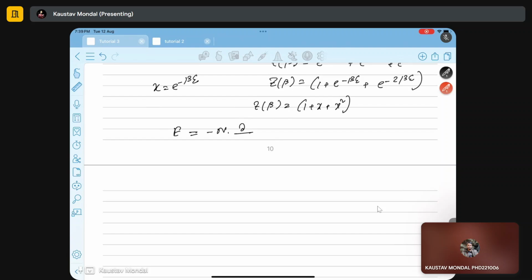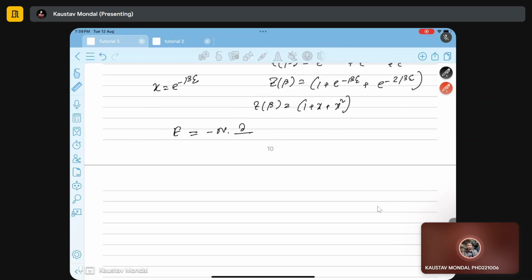So del del beta of ln Z would be simply 1 by Z into del del beta of Z, which is 1 by Z into del del beta of 1 plus x plus x squared.